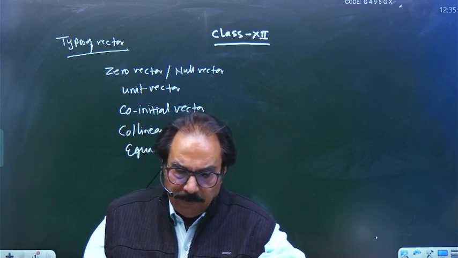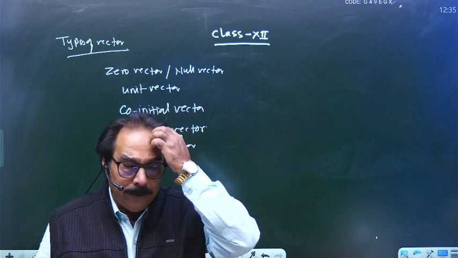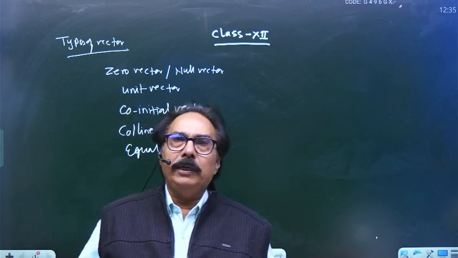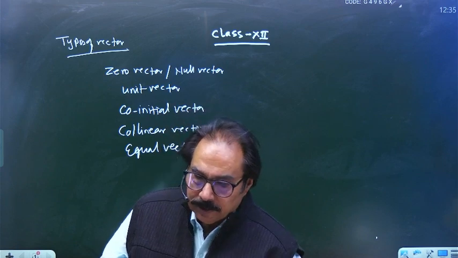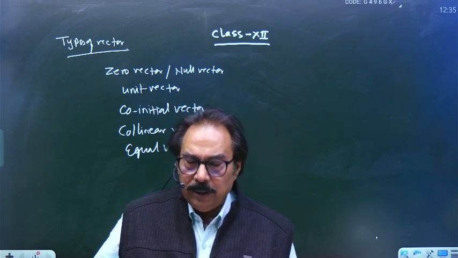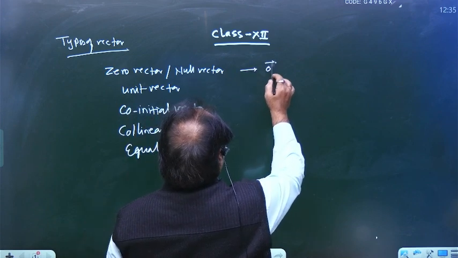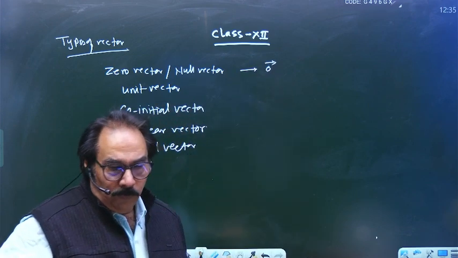So what is the meaning of zero vector or null vector? It means a vector whose initial and terminal points coincide. It is called a zero vector or null vector, and it is denoted by zero vector.